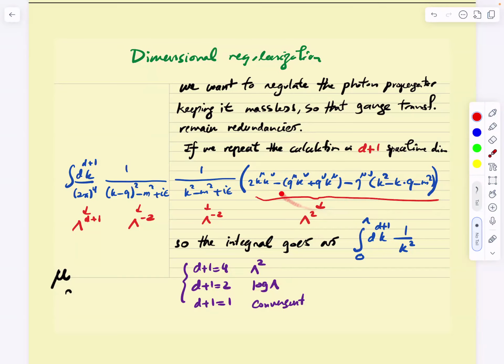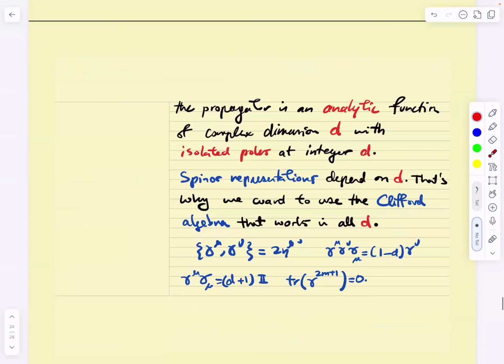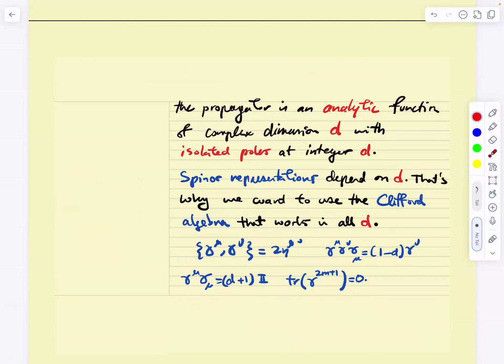In 2 dimensions, it diverges like lambda log lambda, and in anything lower, it converges. Here is the set of words that we say: in dim reg, we pretend the propagator is an analytic function of complex dimension D with isolated poles at integer D.